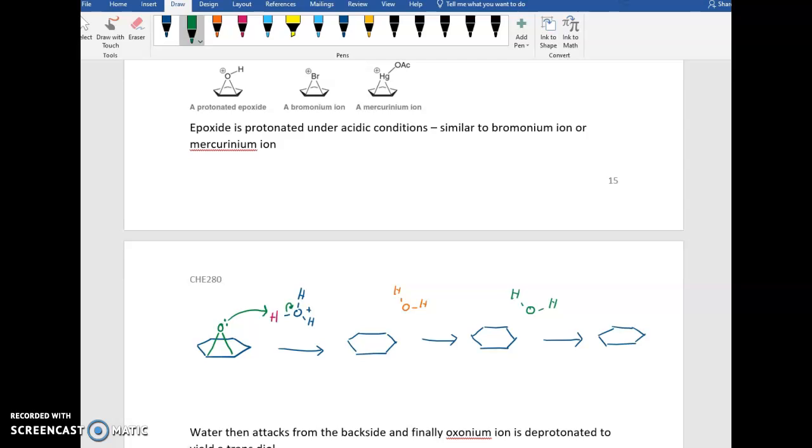And that will give us an oxygen that's positive, and it's going to have a proton on it. Another water then is going to attach itself to one of these carbons.